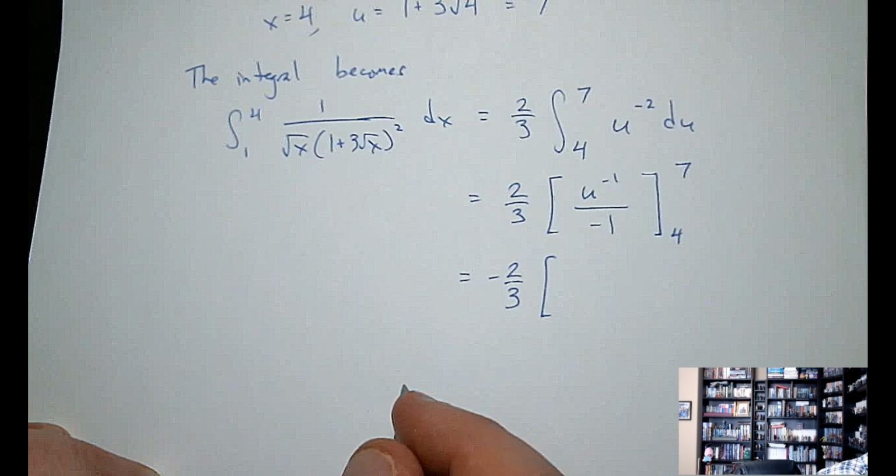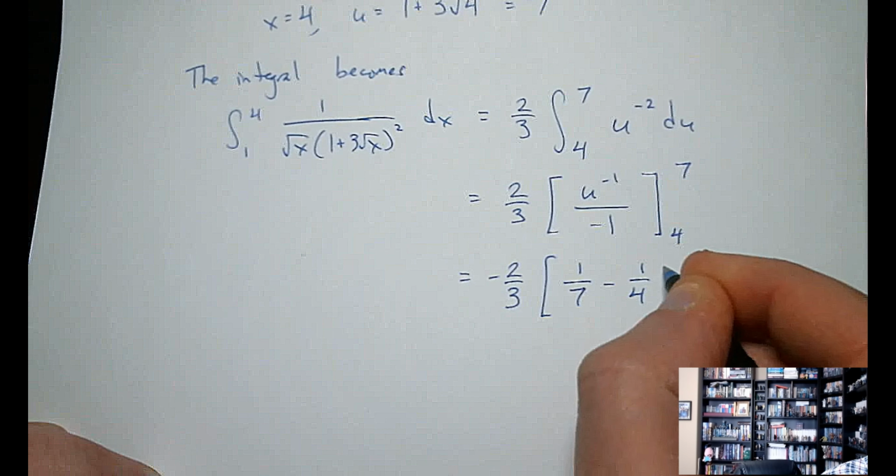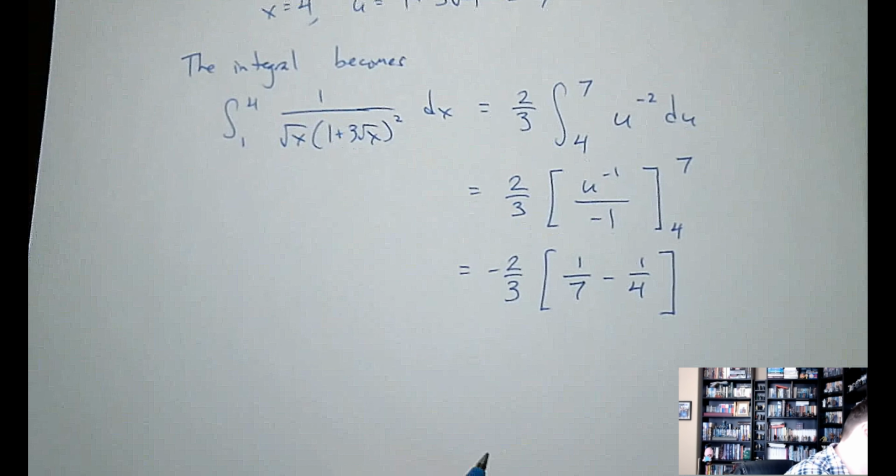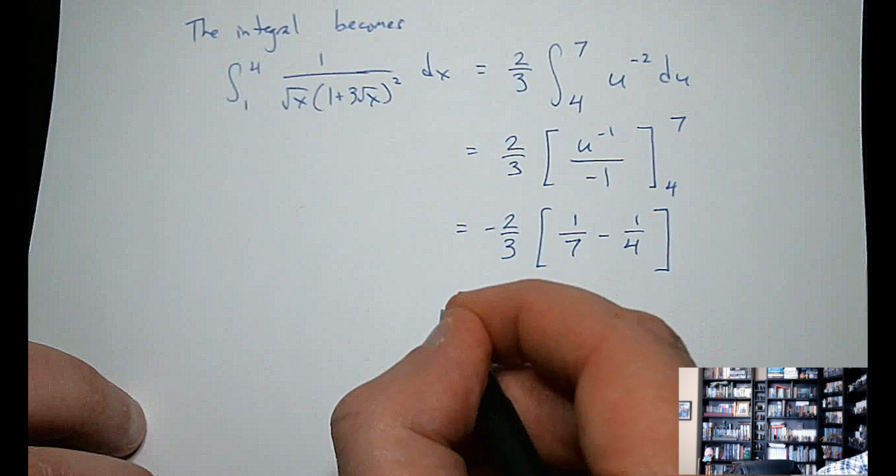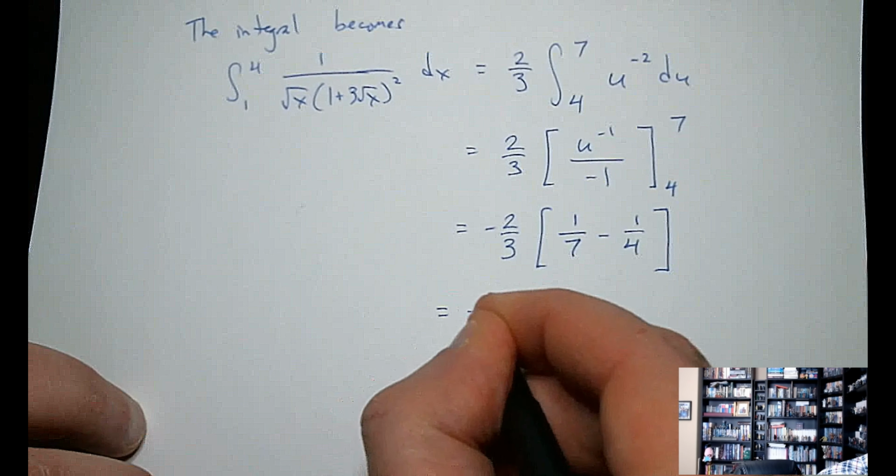So in other words, if we pull that negative out, we'll get negative 2/3 times 7 to the power of negative 1, or 1 over 7, minus 4 to the negative 1, which is a quarter. We can find the common denominator there. So 1 over 7 is 4 over 28, minus a quarter would be 7 over 28.